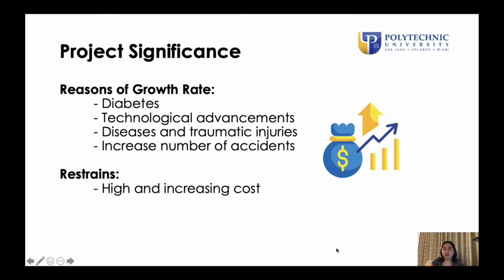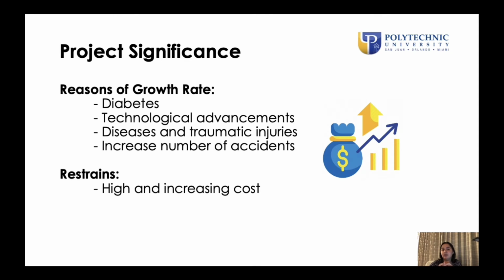Reasons for growth rate in the market: diabetes, technological advancements, diseases and traumatic injuries, and increasing number of accidents. According to WHO, in 1980, 180 million people had diabetes. By 2014, 422 million people had diabetes, many of these resulting in amputations.